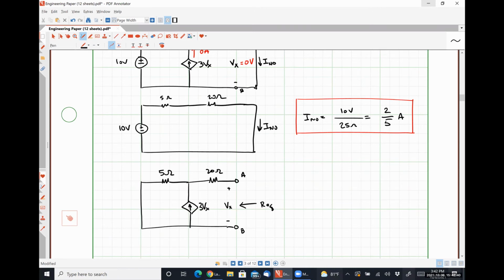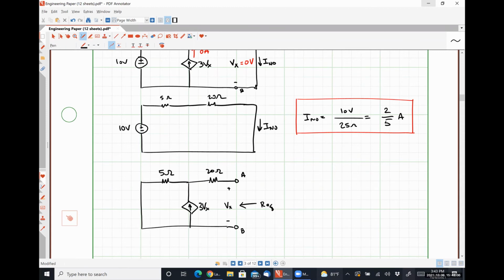So our first option is to exploit the relationship between the Thevenin voltage and the Norton current. We know that the Thevenin equivalent circuit is the source transformation of the Norton equivalent circuit, and those two quantities are related by the following relationship.